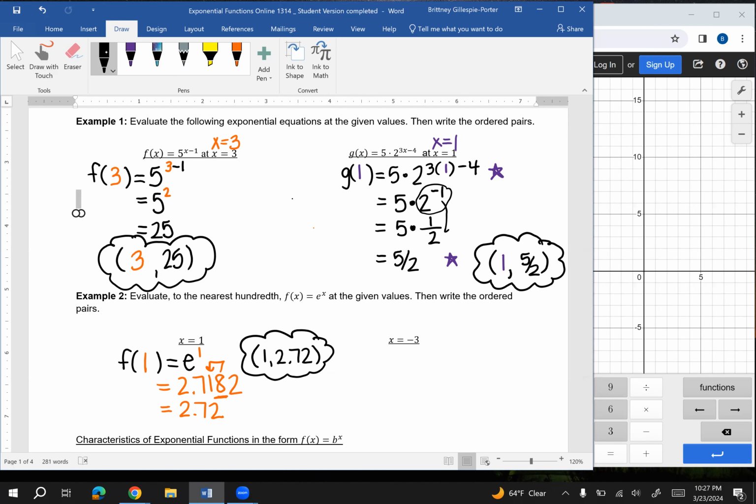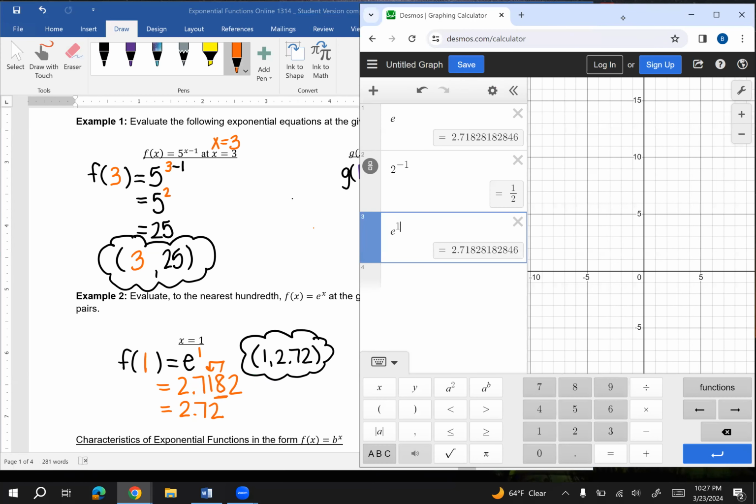Let's see what happens at x equal to -3. This means that we need to plug in -3 wherever we see an x in our function. So we're going to have e to the -3. Let's just go ahead and enter that in our calculator. We're not going to try to convert back to a fraction. It wouldn't work anyway. But we are rounding to the nearest hundredth.